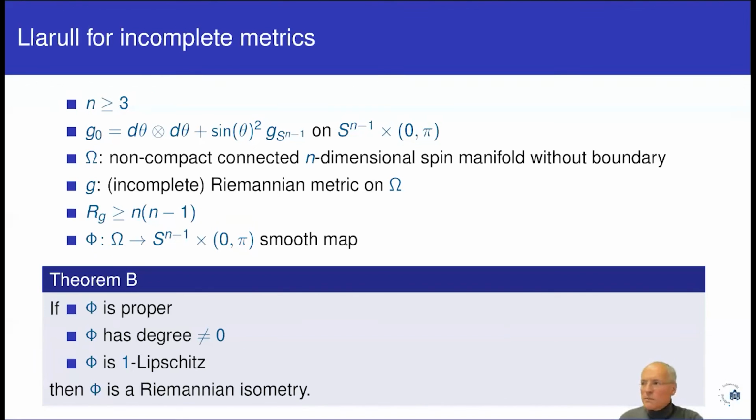But the problem is we cannot apply theorem A directly because theorem A requires a bound on the scalar curvature, which we do have, but also on the mean curvature of the boundary. And if we remove something from omega, we have no idea what the mean curvature of the corresponding boundary will be. So there's no control on that whatsoever. And this is where we borrow ideas from papers by Cecchini and Zeidler, where we just add a suitable potential which grows fast enough to dominate each mean curvature that you might possibly have on the boundary that you produced on omega.